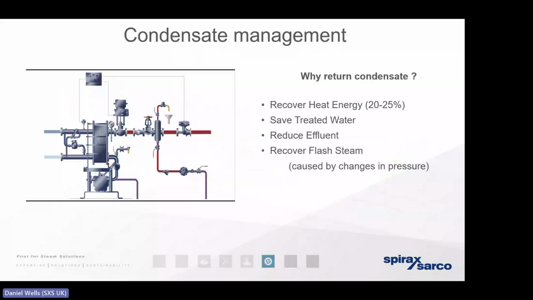So as a very, very broad rule of thumb, we know that there's approximately 25% of the total heat energy of steam that is retained in the condensate. And therefore, if we know what our cost of steam is, we know that the value is approximately a quarter that is retained in the condensate itself.